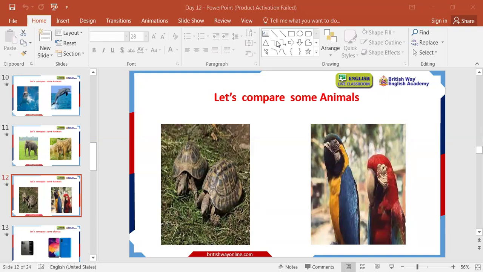Tortoises are slower than macaws. Macaws are more attractive than tortoises. Tortoises are smaller than macaws.